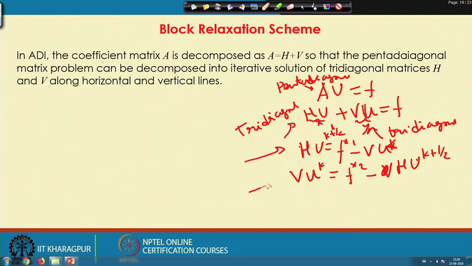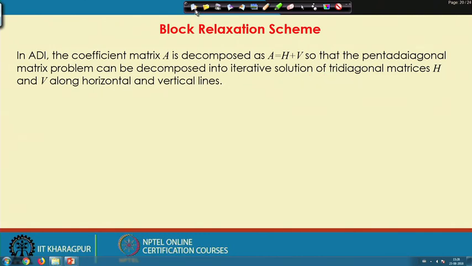So, a pentadiagonal matrix equation is broken into two tridiagonal matrix equations, and we know that tridiagonal matrix equations are much faster to solve.